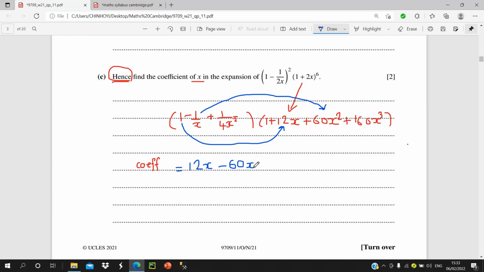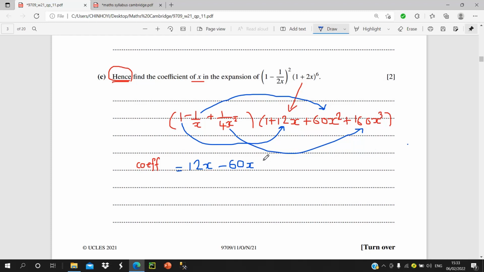Then the last term, you are going to multiply this with x cubed. So the x on the bottom is going to cancel this x and you are going to remain with the x. So you are going to say 4 goes into 160, 40 times, then x squared goes into this x times.